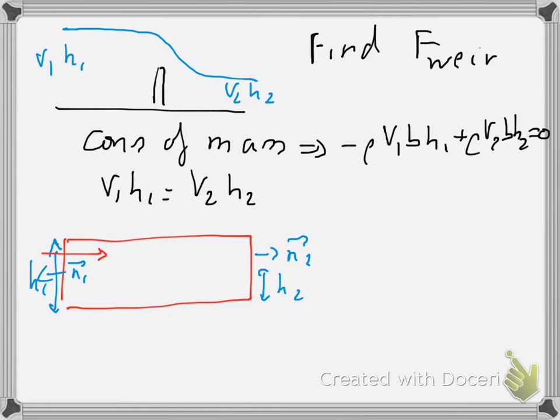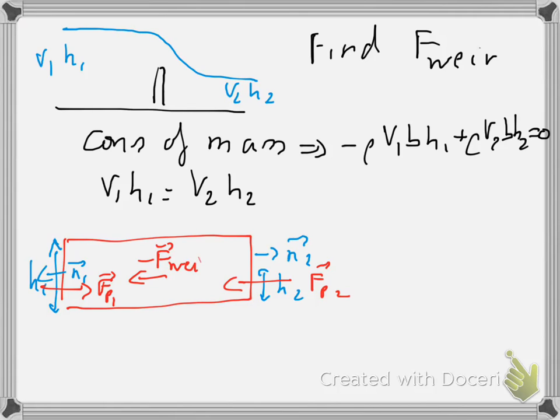So let's draw it more where it should be: FP1. The force of the water downstream of the control volume is FP2. I have the force of the weir onto the control volume, which is minus F weir.